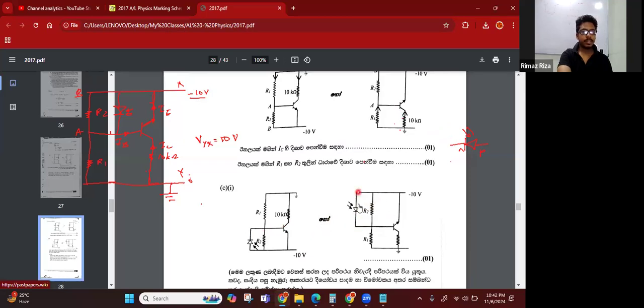Yeah, it's correct. What I've done is correct because I drew it parallel to this emitter and base.